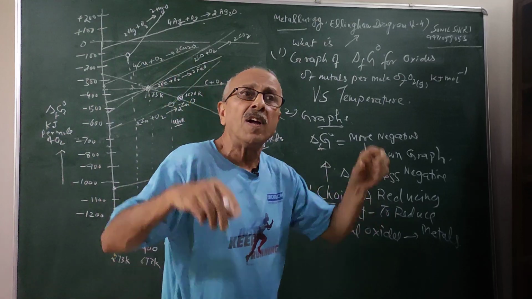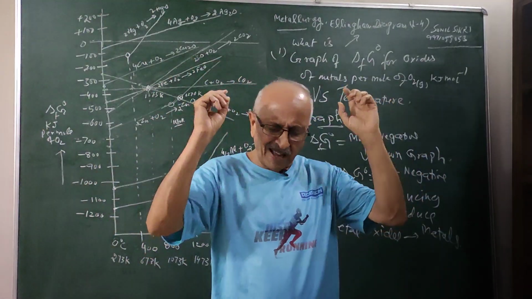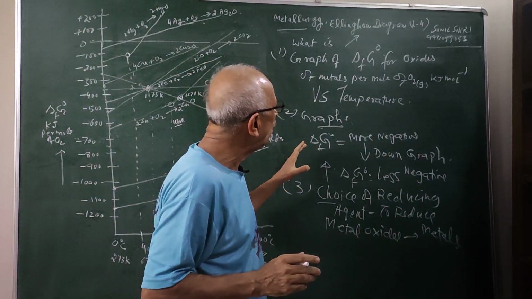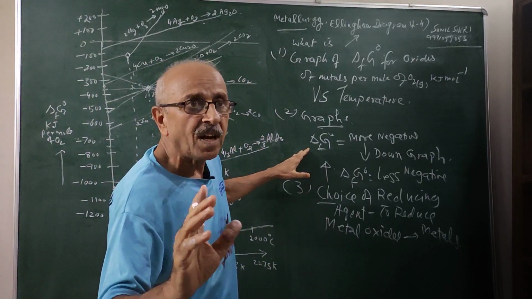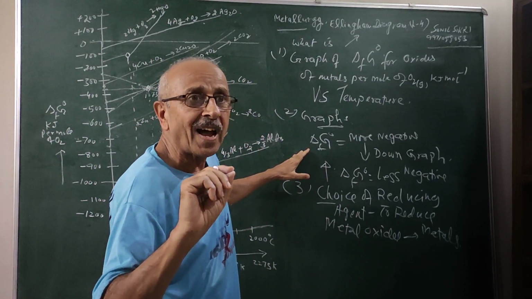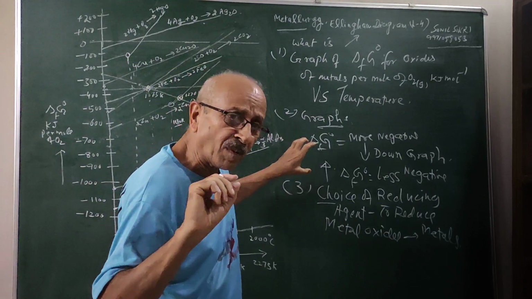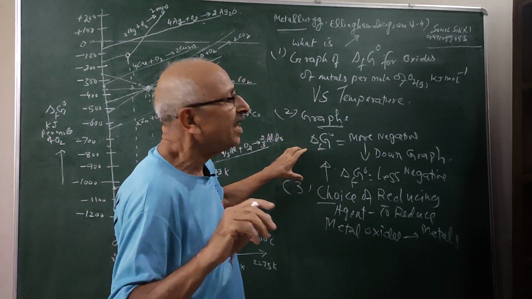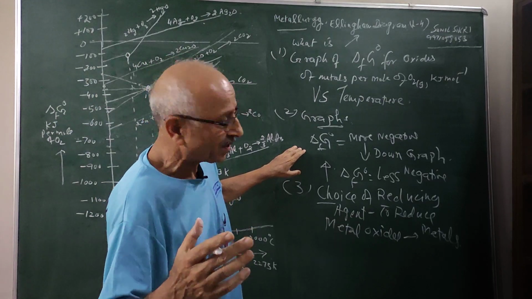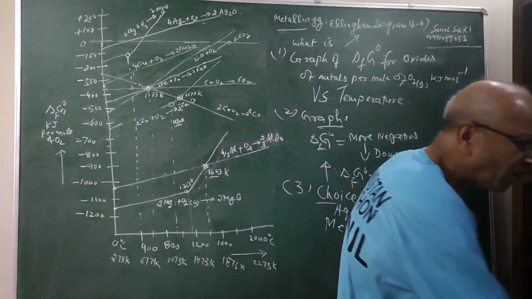So most of the time, in metallurgy you obtain metal oxides, and we will be using thermodynamic principles in order to reduce these metal oxides. Why am I using delta G0, students?